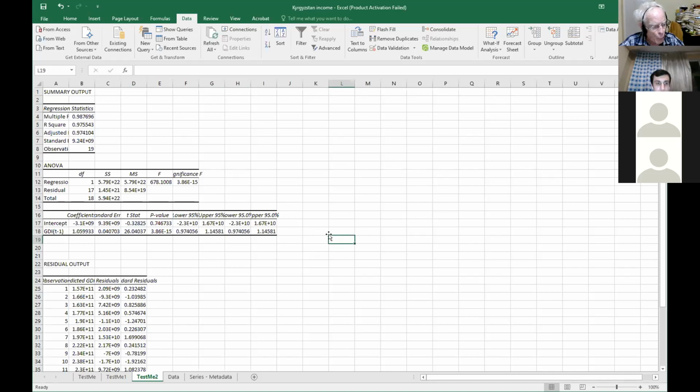And so the model is income at time t equal to the intercept that we can basically just ignore. Oh, let's account for it anyway: 3.1 times 10 to the power 9.